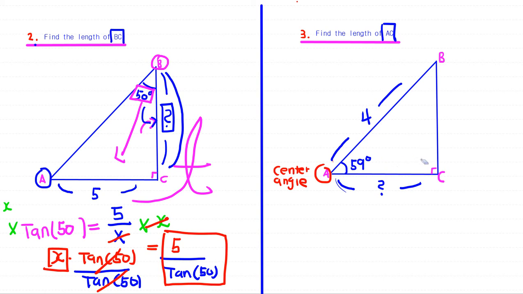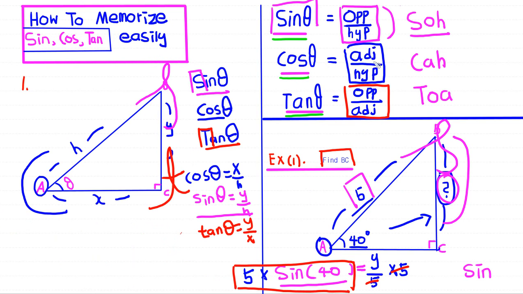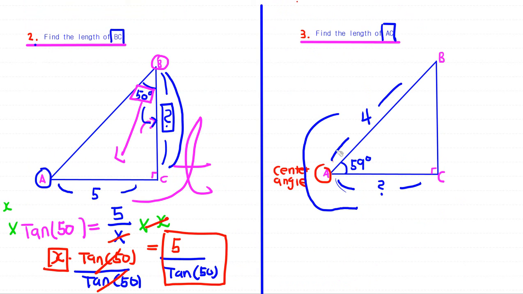And what about the cosine in this case? If the center angle is A, we write C from the hypotenuse all the way to the base side. And cosine theta is equal to adjacent side over hypotenuse. So the adjacent side, which is this missing value, over the hypotenuse, which is 4. They gave us the length of AB, and the length of AC is the missing value.